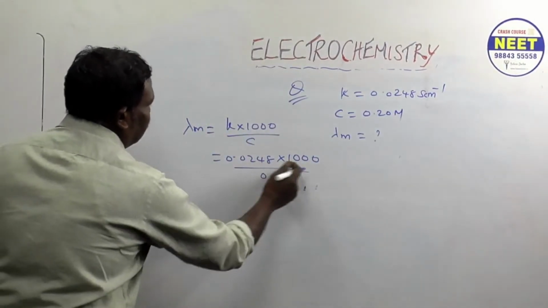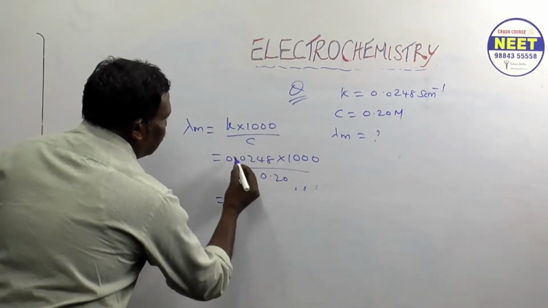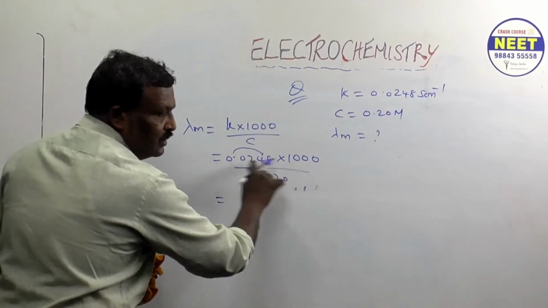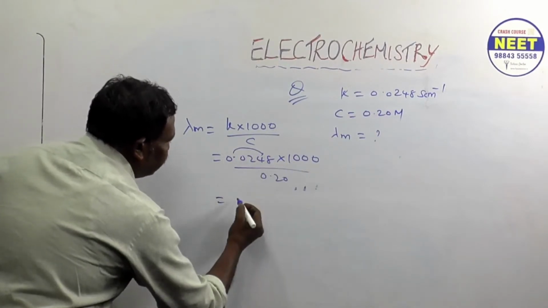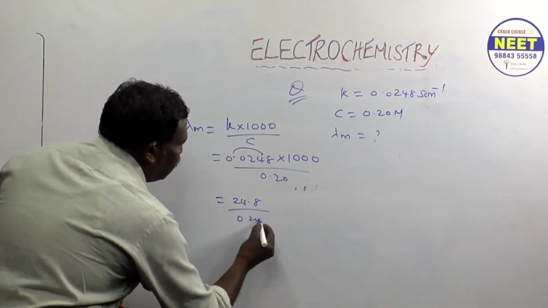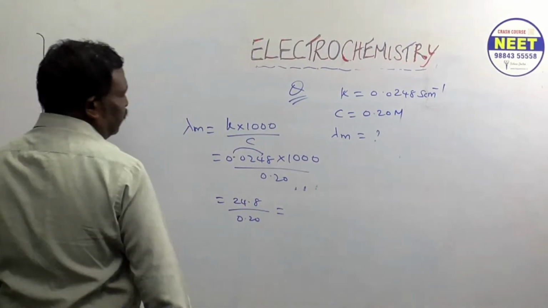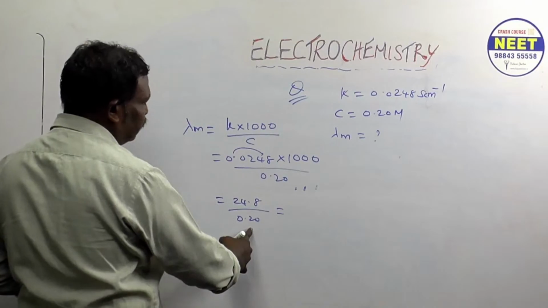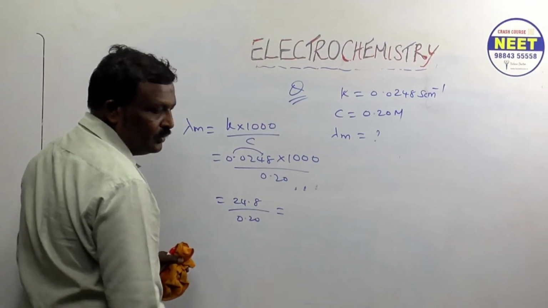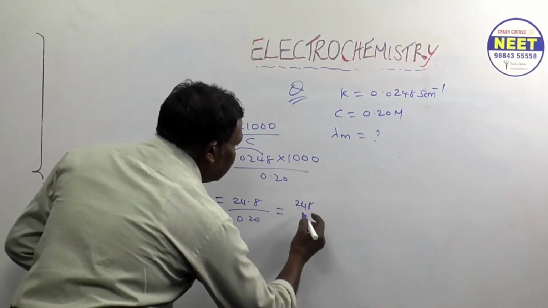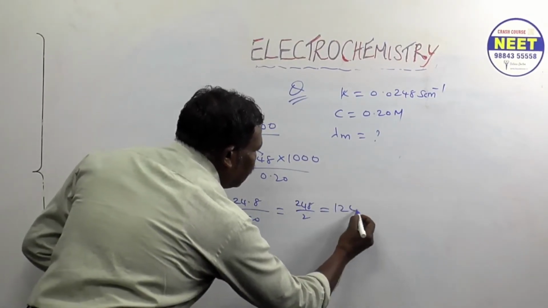When you multiply, the decimal moves, so the product is 24.8, again multiplied by 10, so 248 by 2, so 124.